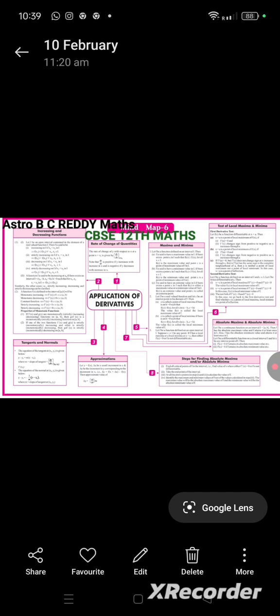Decreasing on I, if x1 is less than x2 in I, f of x1 is greater than or equal to f of x2 for every x1, x2 belongs to I. A function is said to be increasing at x0 if there exists an interval I equal to x0 minus h, x0 plus h, h is greater than 0, such that for x1, x2 in I, x1 is less than x2 implies that f of x1 is less than or equal to f of x2.